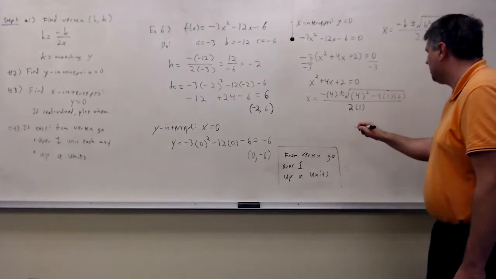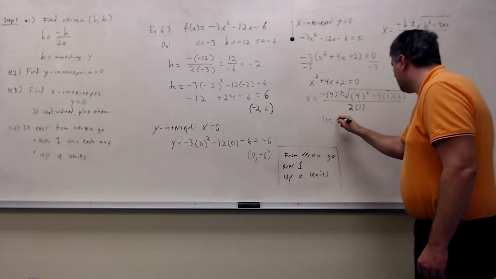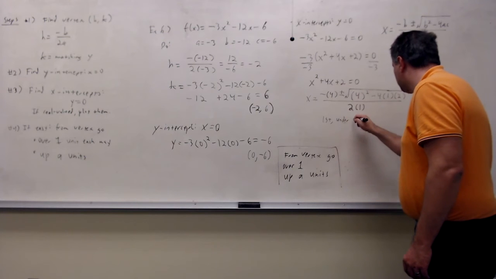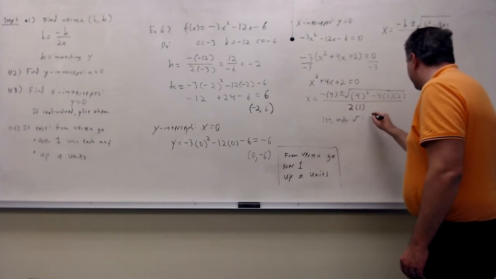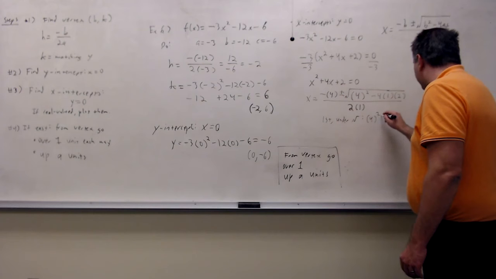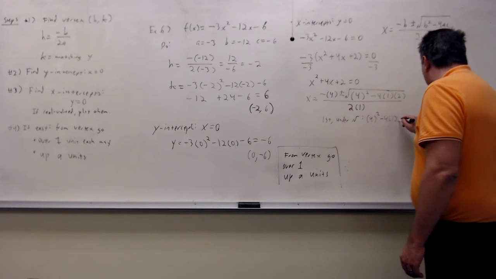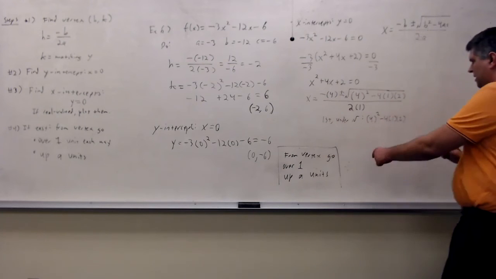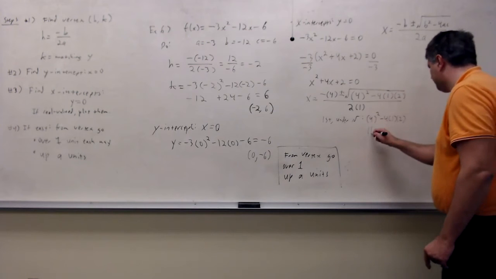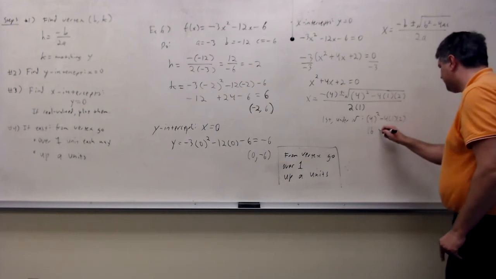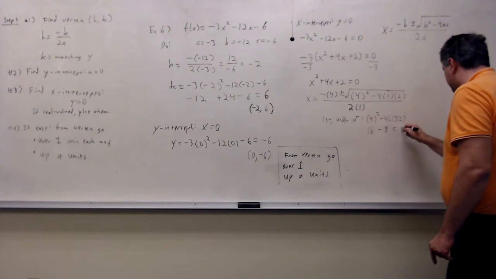Darken a little bit. So first, under the radical. So that's going to be 4 squared minus 4 times 1 times 2. 16 minus 8 is 8.